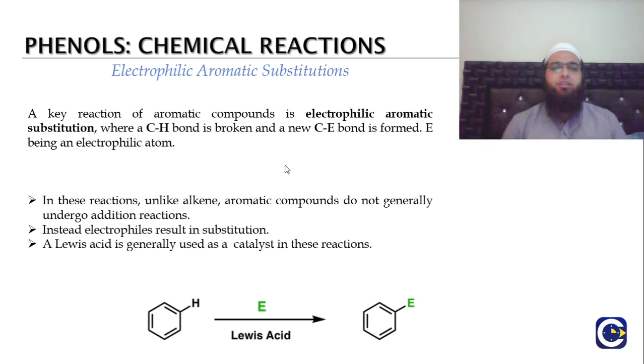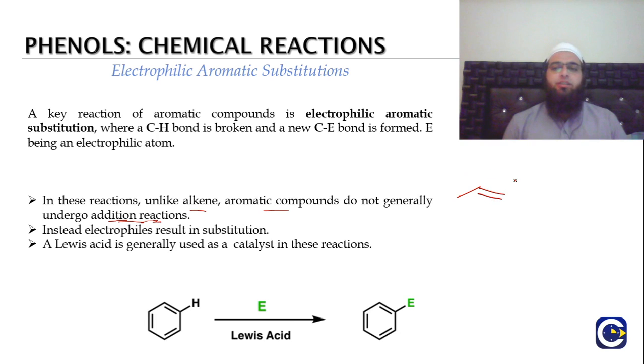Unlike alkenes, aromatic compounds do not undergo addition reactions. If we look at the reactions of alkenes, which contain a pi system, for example this pi system of an alkene, we can have more than one double bond.